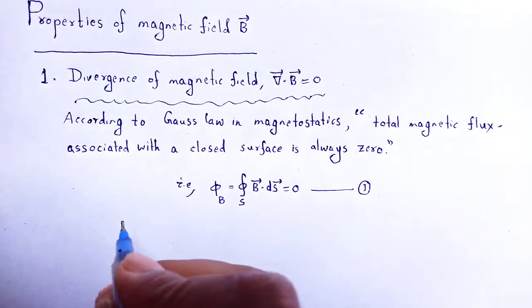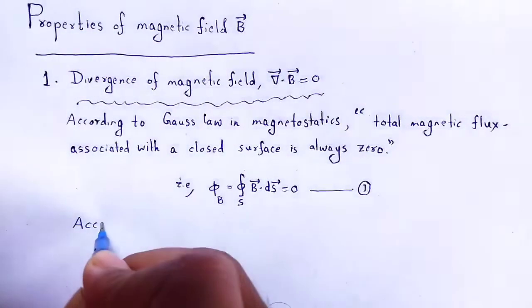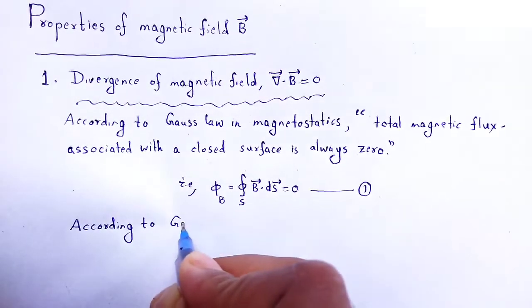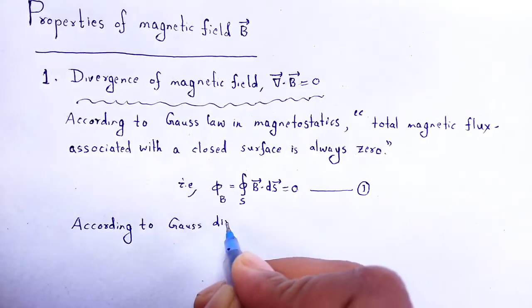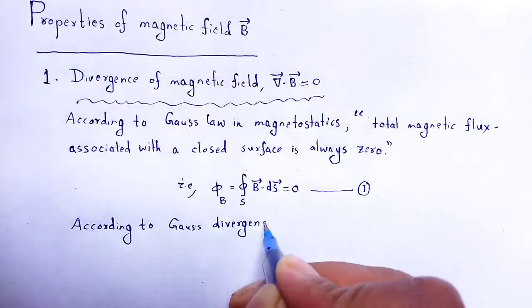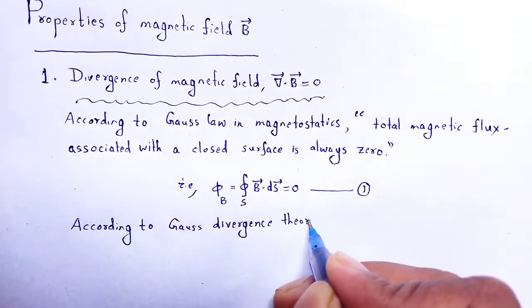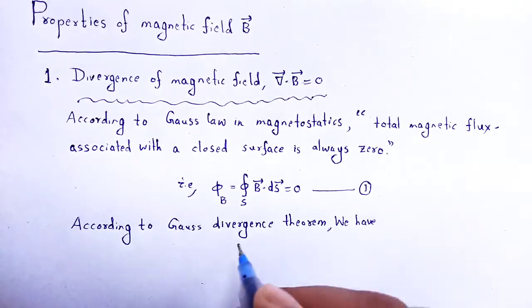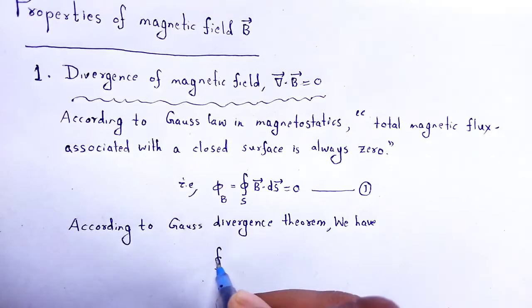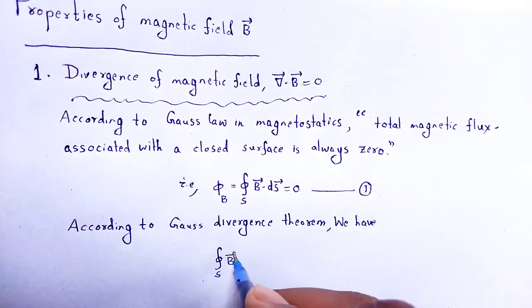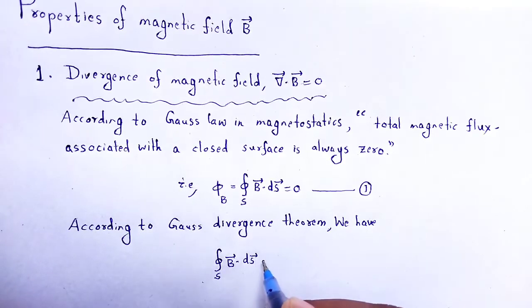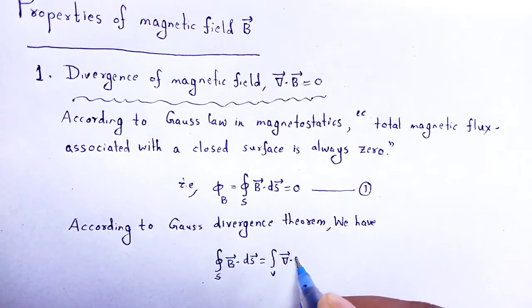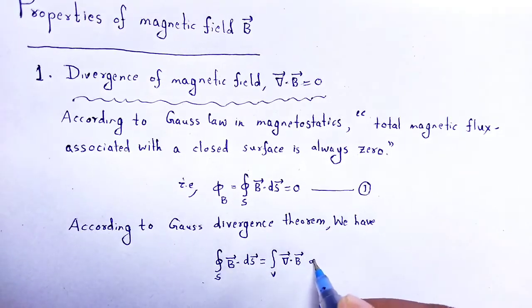According to Gauss divergence theorem, we have the surface integral B dot ds is changed to the volume integral grad dot B dV.